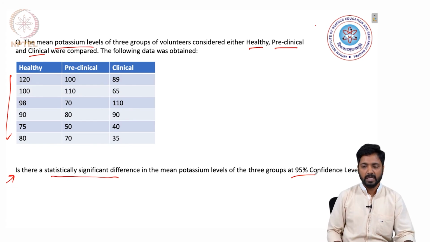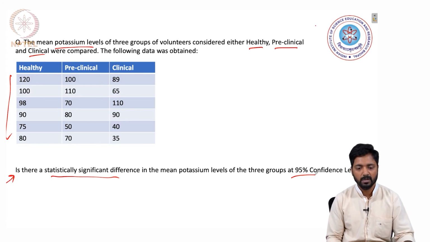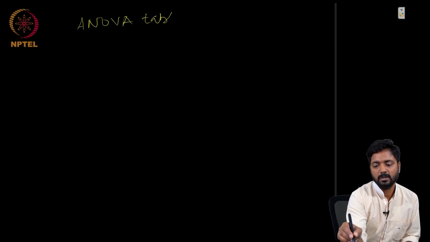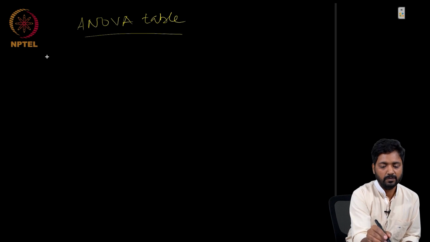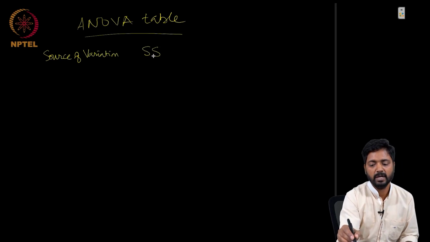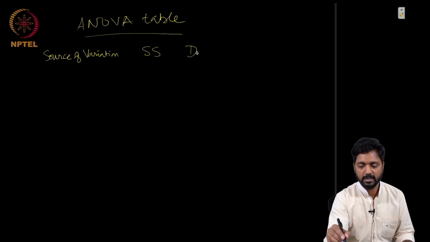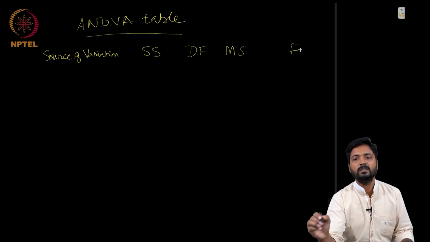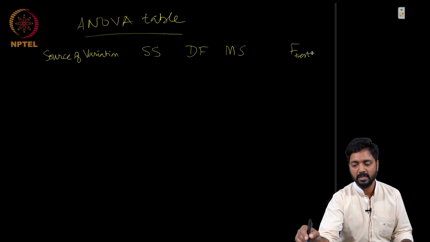Now, let us quickly create the ANOVA table for this data set based on the calculations that we have done. So, the ANOVA table would look something like this. We will have the source of variation, then we will have the sum of squares values, then we will have the degrees of freedom, the mean square values, and finally the F test or F calculated value.